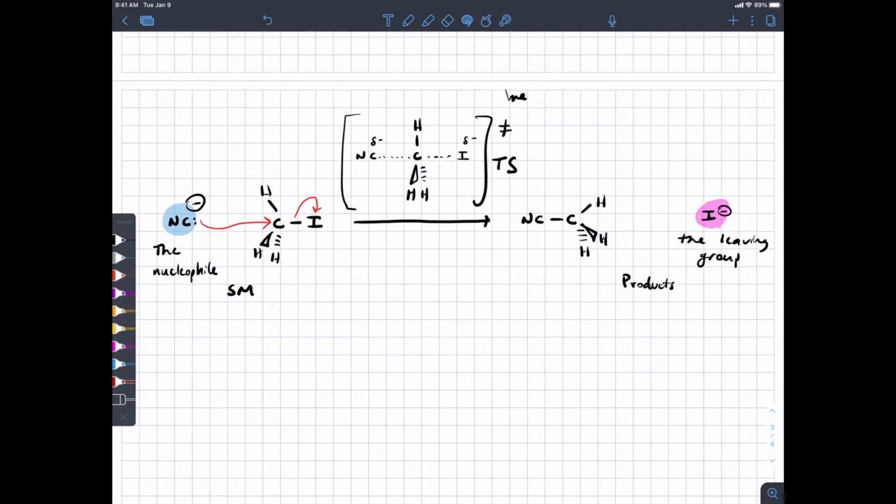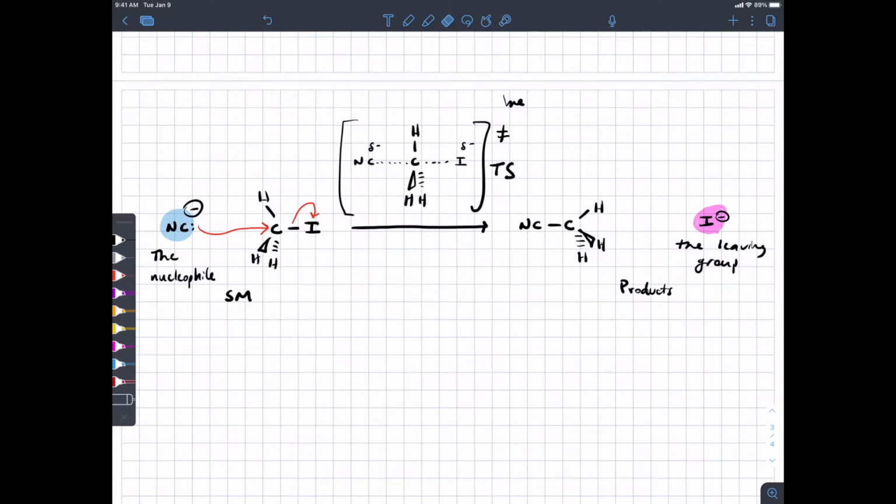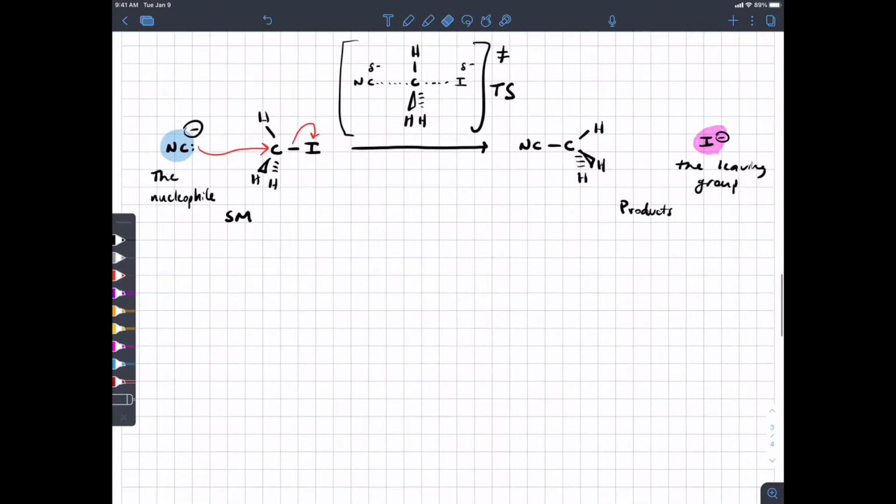So one interesting feature that I've shown you here is that the CN minus attacks from exactly opposite the leaving group. All right?